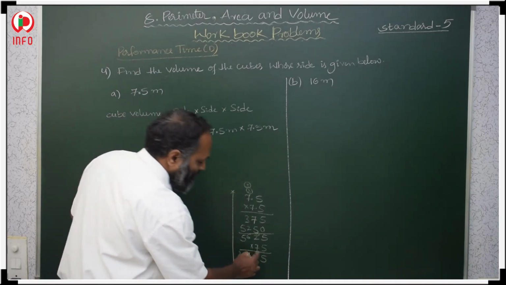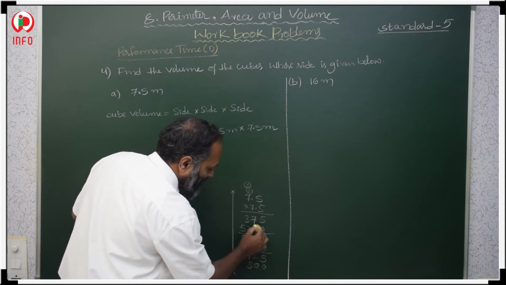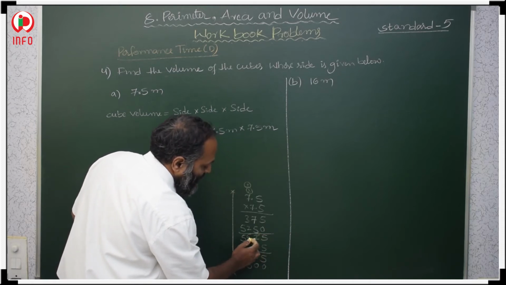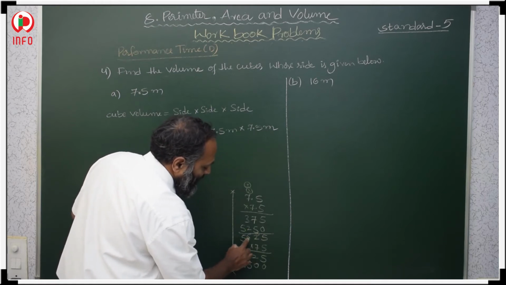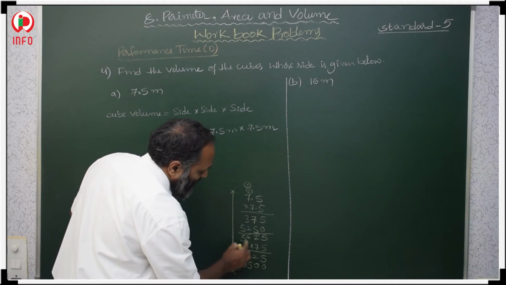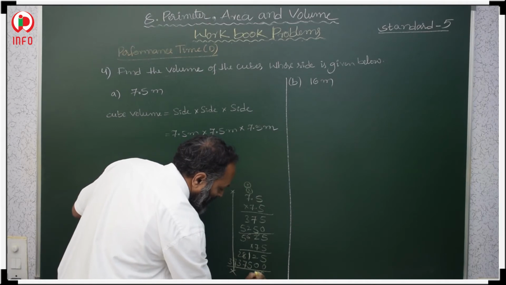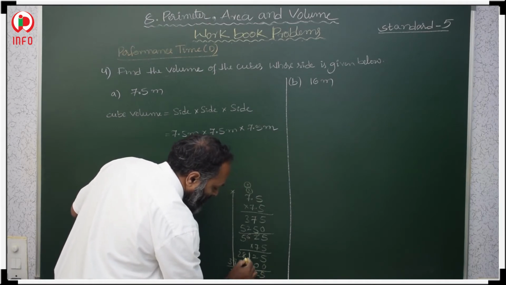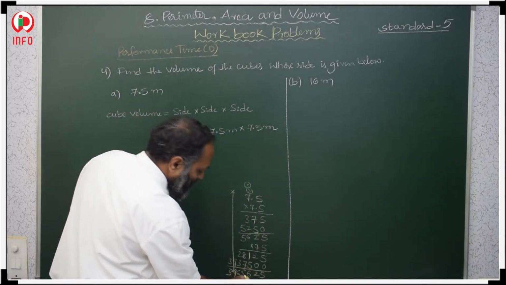Now with 7, 2 zeros we have to keep. 7 5s are 35, 3. 7 2s are 14, 17, 1. 7 6s are 42, 43, 4. 7 5s are 35, 39. Now add: 5, 2, 6, 15, 6, 9, 3. Then after 3 digits we have to keep the decimal.